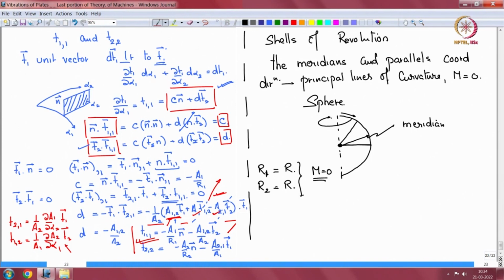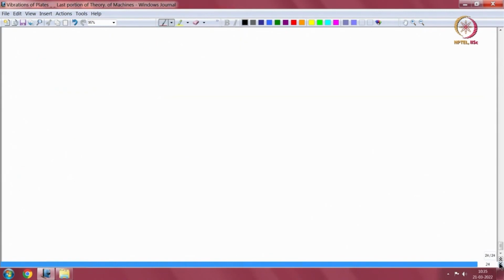So now the next stage is here. We have so far looked at the distance between r at alpha 1, alpha 2 and r at alpha 1 plus d alpha 1, alpha 2 plus d alpha 2.